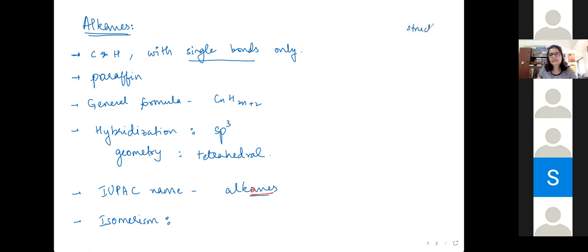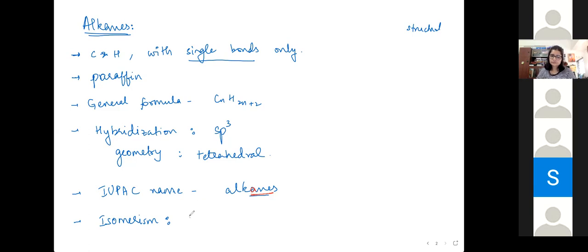Structural, yes. So within structural, you've got position, chain, functional group, all of that stuff, right? So what all different types of isomerism would you find in alkanes?